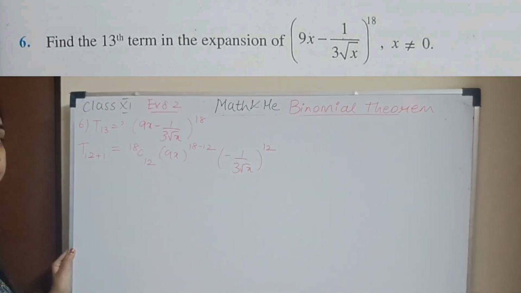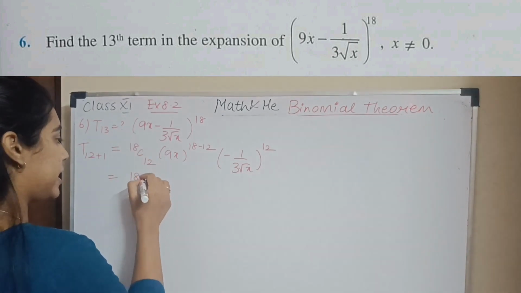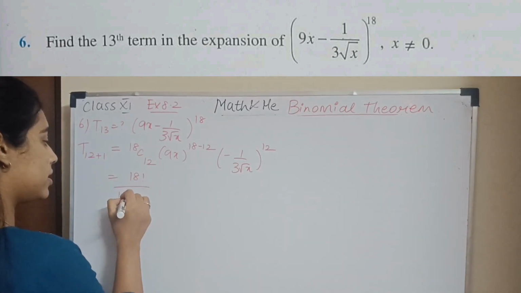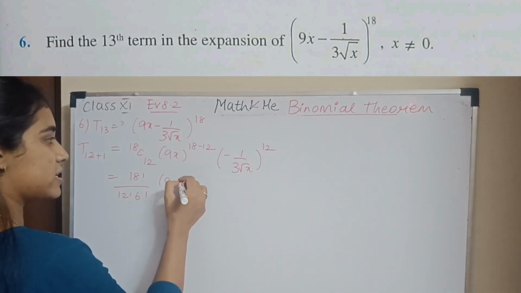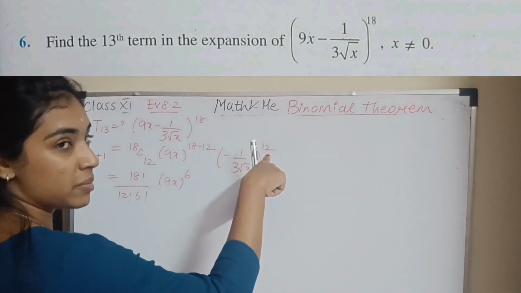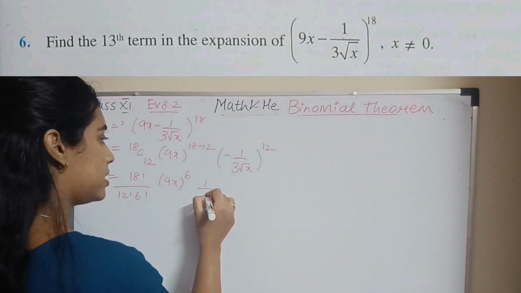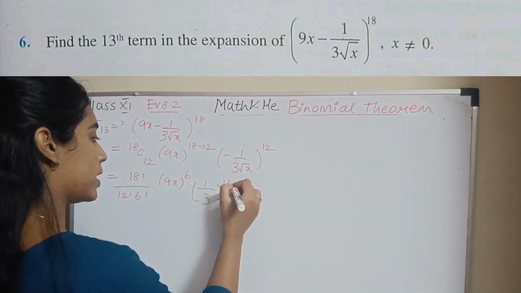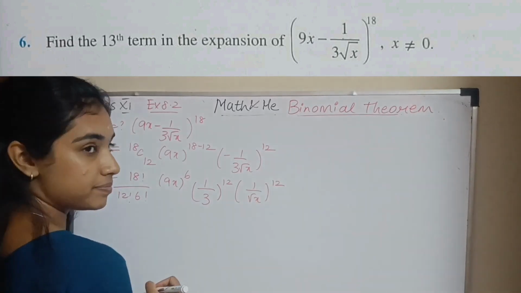Clear? So I have, what is 18C12? 18 factorial divided by 12 factorial times 6 factorial. I have (9x)^6, minus to the power even power, so the minus goes off. So I have 1/3^12 times (1/√x)^12.